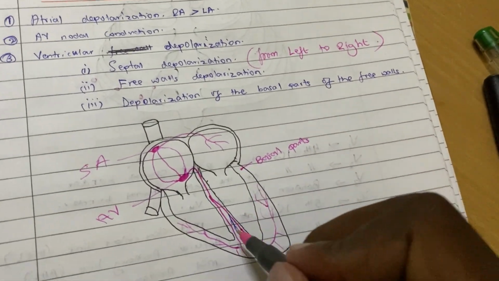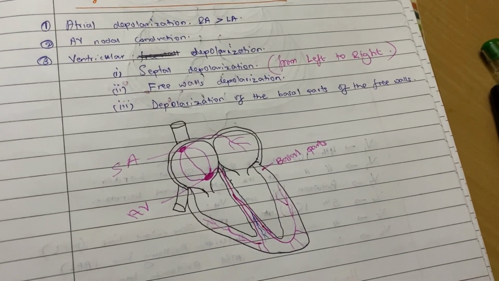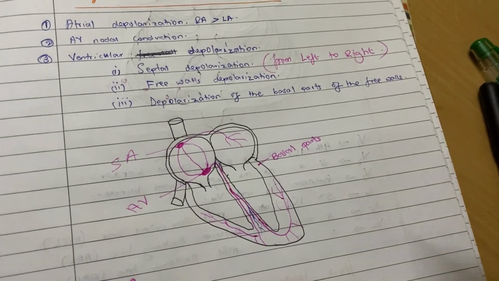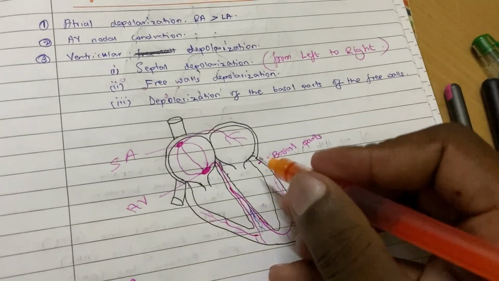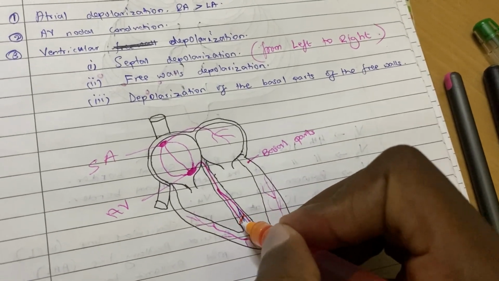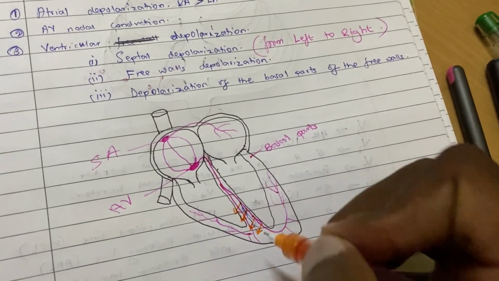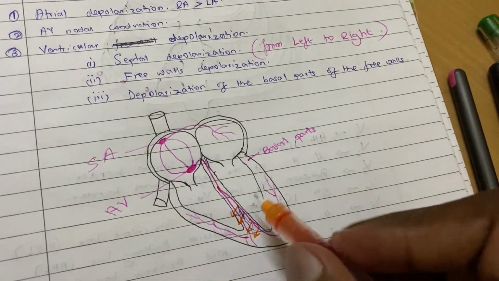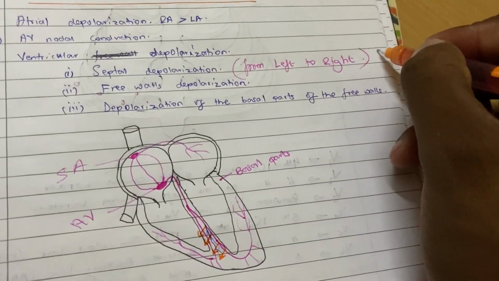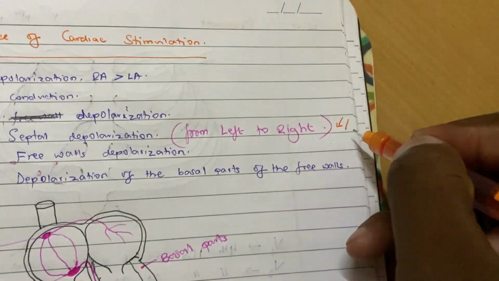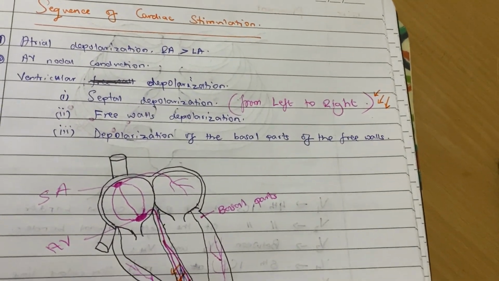Because the branch that depolarizes it is the left bundle branch. So the septal depolarization happens in this direction, from left to right.